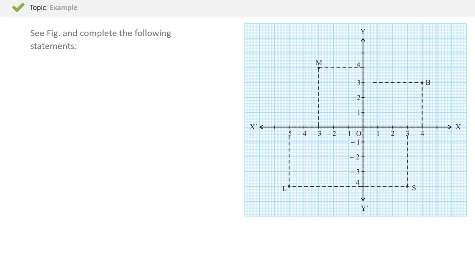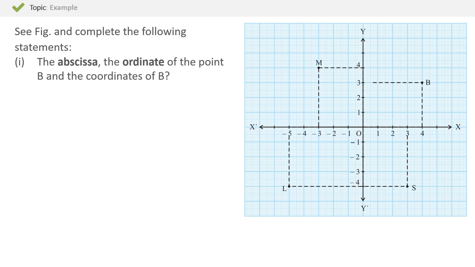Now let's take an example. See the figure and complete the following statement: the abscissa and ordinate of the point B and the coordinate of B. So what is the abscissa and ordinate of point B, and then define the coordinate of point B. I have a plane, I have a point. Now can you represent this point, since you understood Cartesian system? I have an x-axis, I have a y-axis, they are intersecting each other. I have an origin where they intersect, and that is 0.